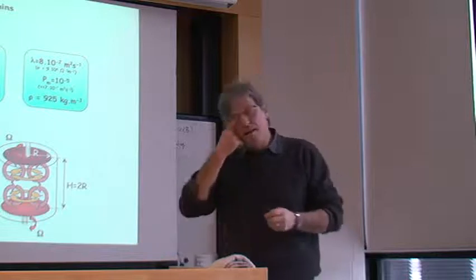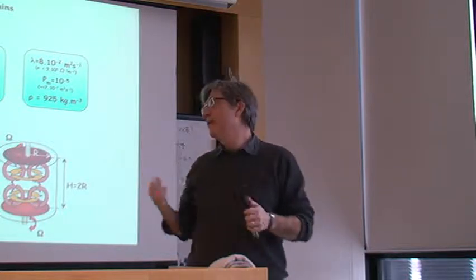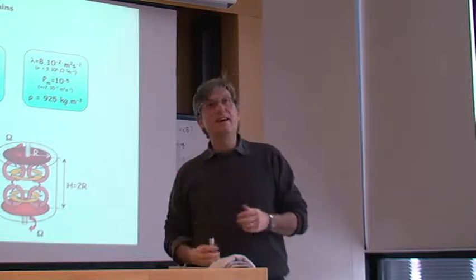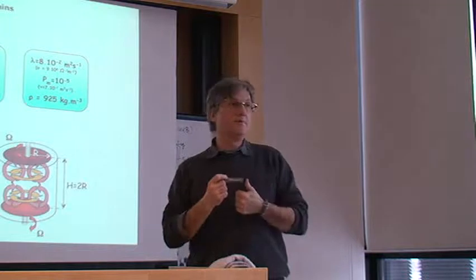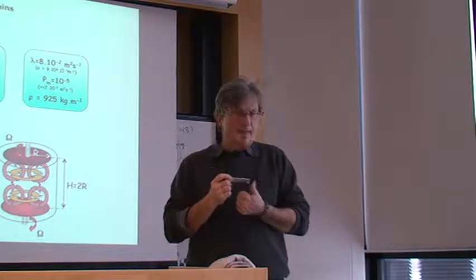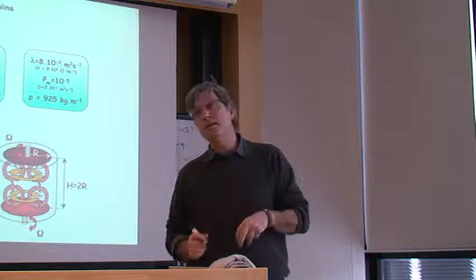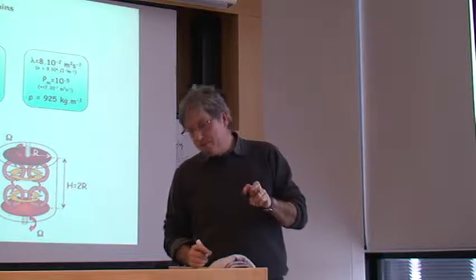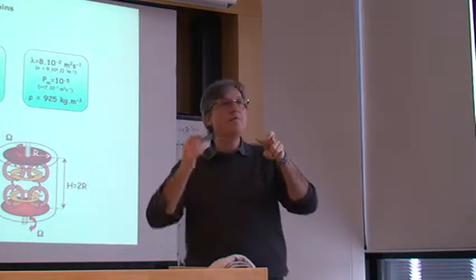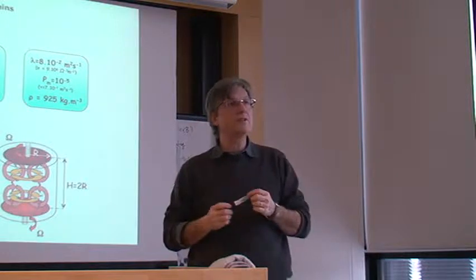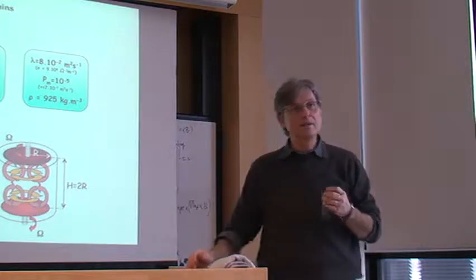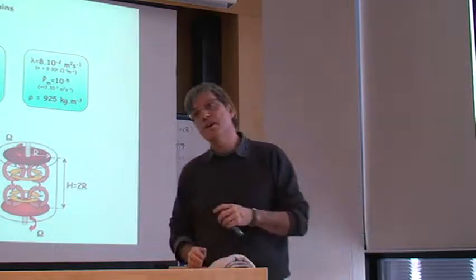Now, for the velocity, there are inductive measurements. So the principle is you put little electrodes, and you measure the potential difference between electrodes, and you try to relate that potential difference to the velocity.